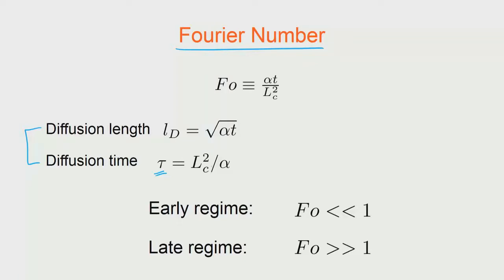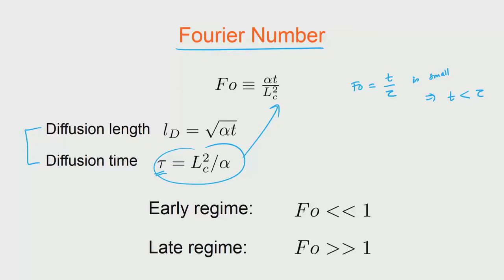So, that also can be done. Which means that if you now use this concept and substitute, what happens is that Fourier number can be thought of as t by tau, which means that if this is small, it implies that the time that you gave was very small compared to tau, which means that it is in a very early stage of thermal diffusion.